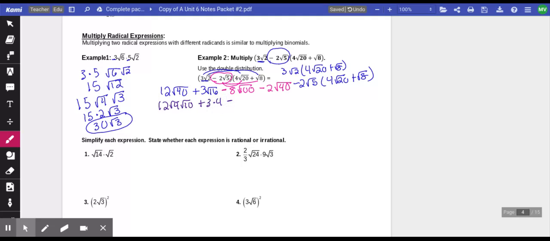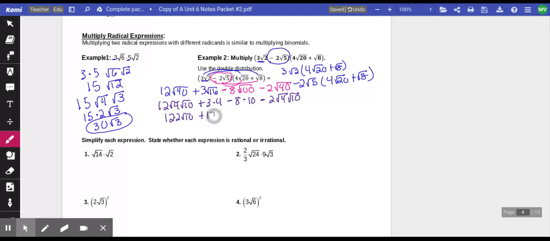Minus 100 is a perfect square, so that's 8 times 10. Minus 2, 40 again has a perfect square factor of 4, radical 10. The square root of 4 is 2. So that's 12 times 2 radical 10.